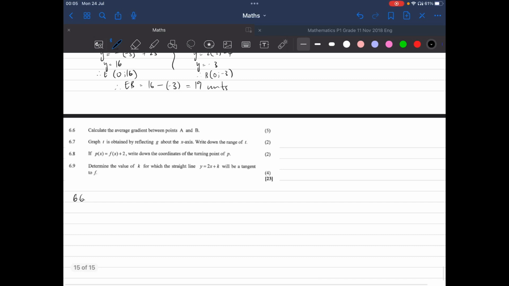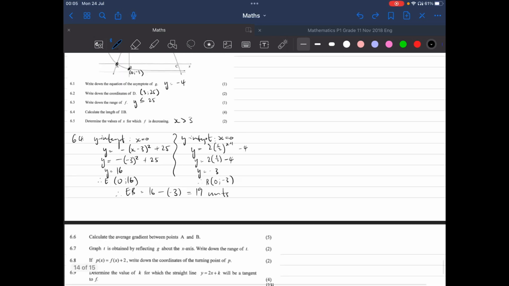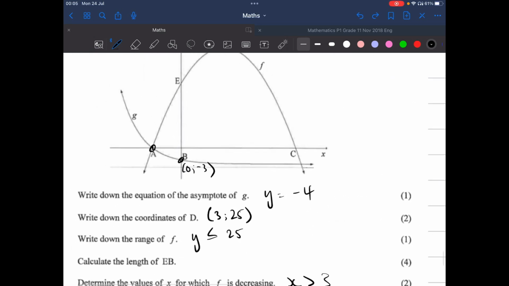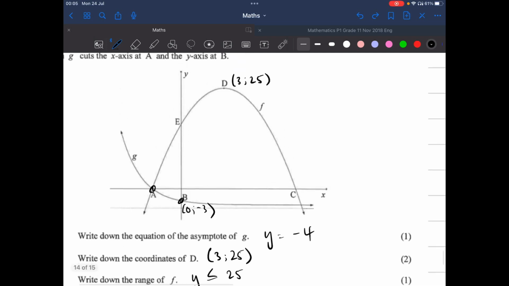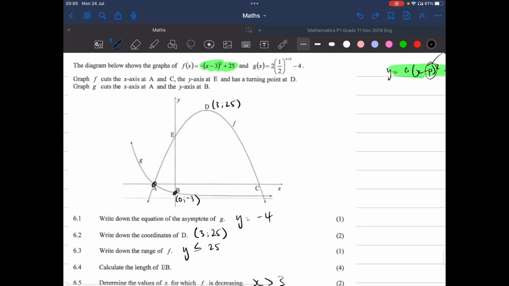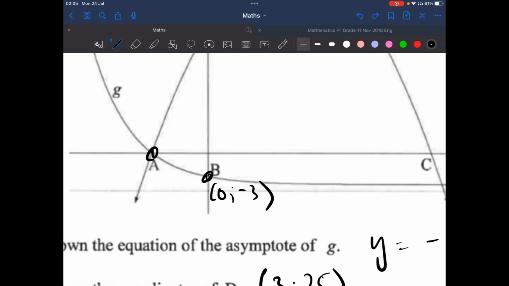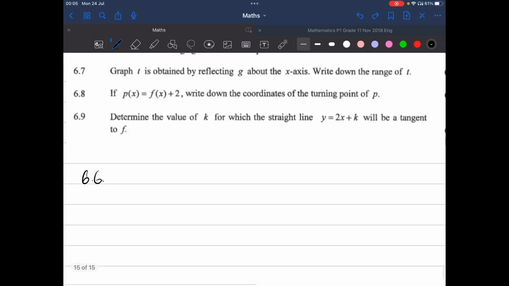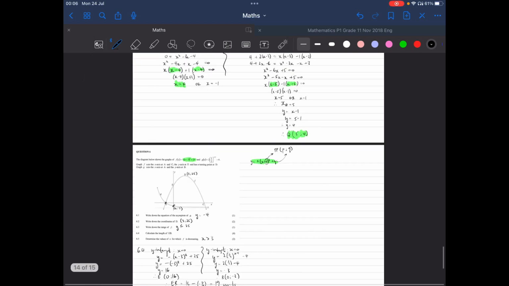It says calculate the average gradient between points A and B. Point A is the x-intercept of f of x, and point B is the y-intercept of the exponential graph, and we already found those coordinates. It was (0, -3). So our job is now to just find A. For the x-intercept, y equals 0.